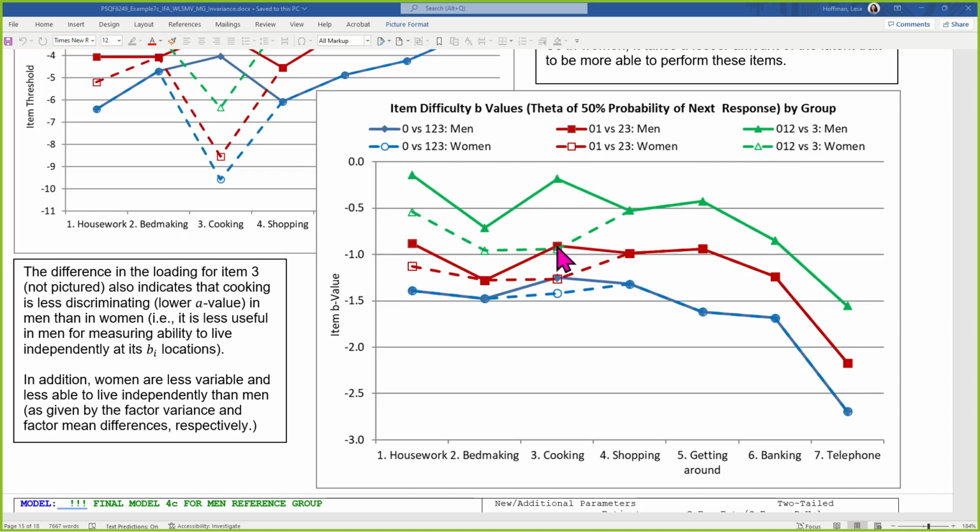So for instance, if I look at cooking, for the last threshold, which is the transition from like can do it with some problems to can do it just fine, something like that, in the men, it takes a theta of like minus 0.25-ish to be able to make that transition. But in the women, it only takes a theta of -1. So it takes a lot less theta in the women to have a 50-50 shot of answering the higher choice.